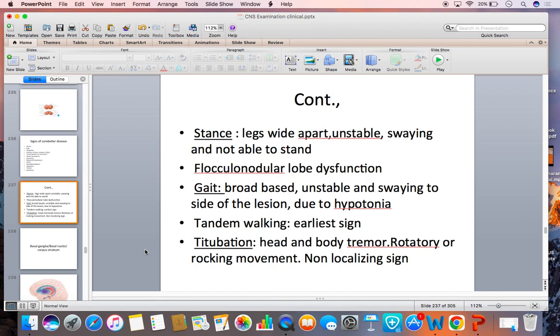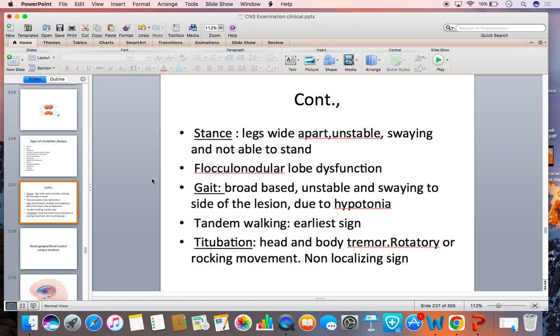So the cerebellum is responsible because it is connected with the higher centers in the pons and in the cortex. Cortex in turn sends the efferents down to the lower centers and various nuclei in the brainstem, that is reticular formation, red nucleus, which in turn sends the descending fibers in the form of extrapyramidal tracts to innervate the anterior horn cells and ultimately to bring about the voluntary movements.